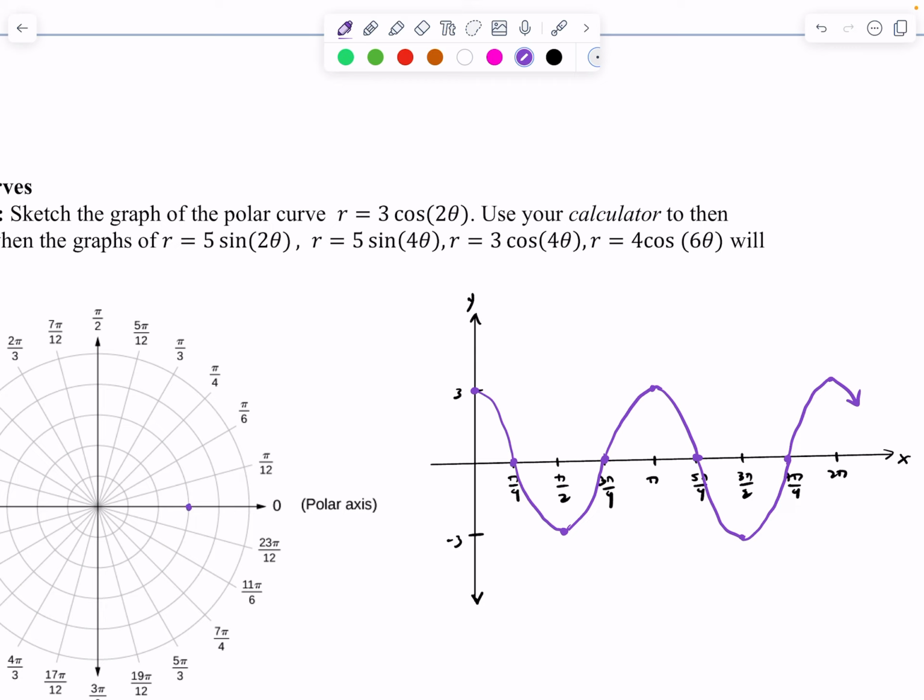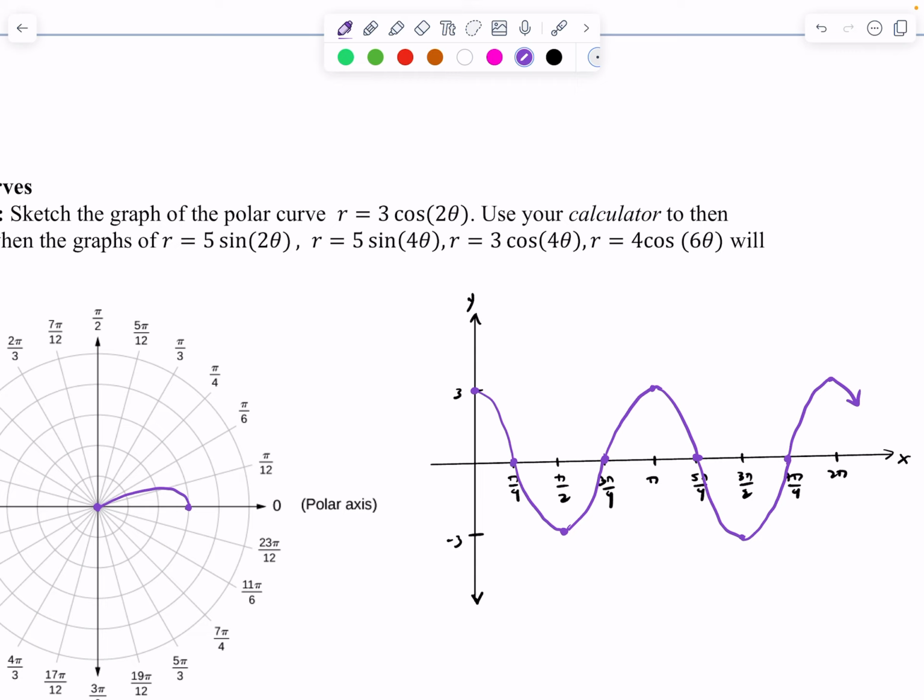And then at pi over 4, r is 0. But notice how between 0 and pi over 4, r is positive. So all those angles, r is positive, trending down towards 0. So it looks kind of like that.